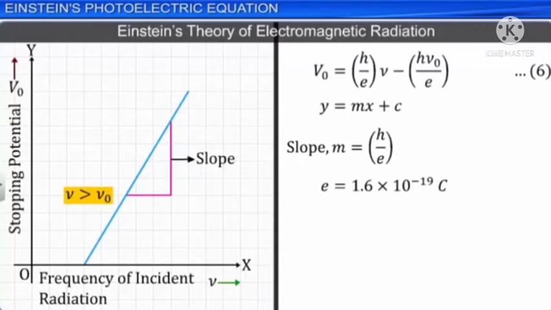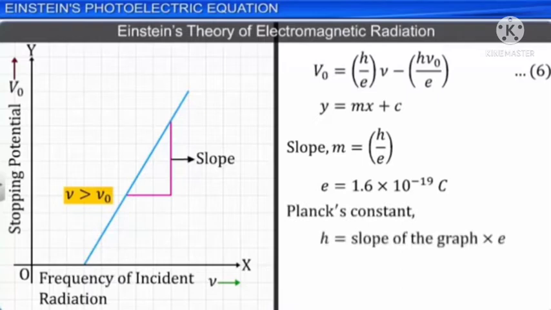The value of Planck's constant h is equal to the slope of the graph into the value of charge on e. The value of h is found to be equal to 6.626 into 10 power minus 34 joule-second.